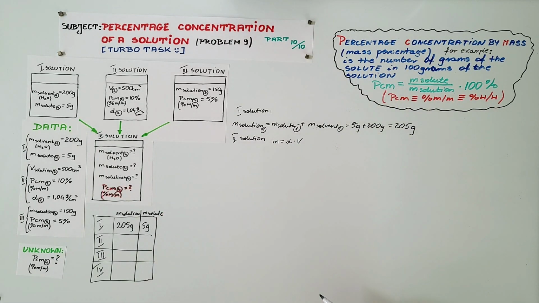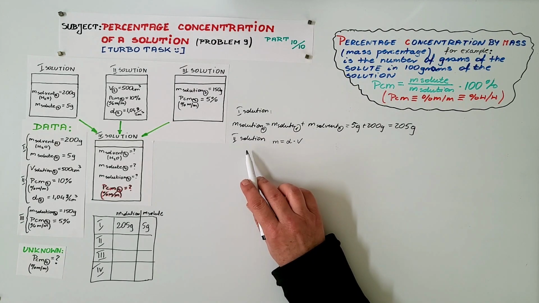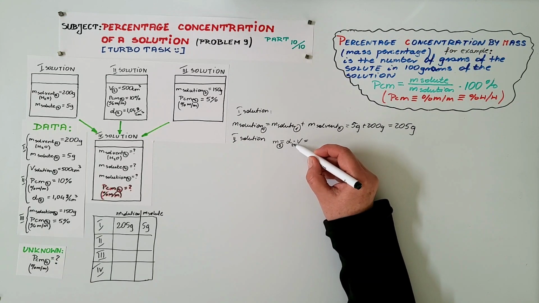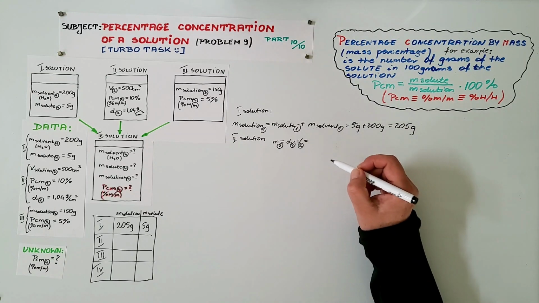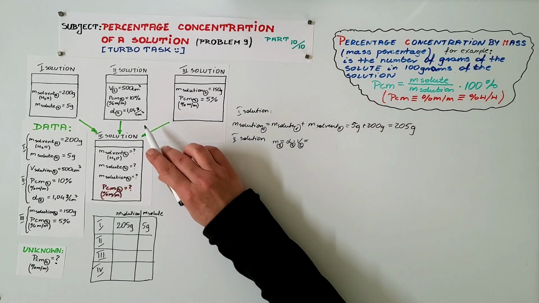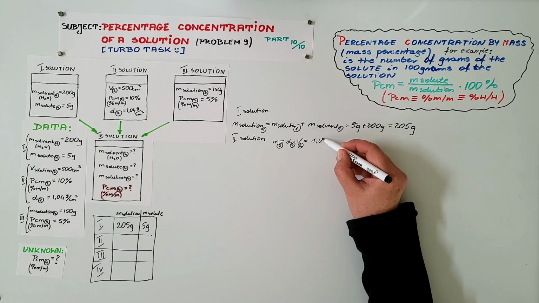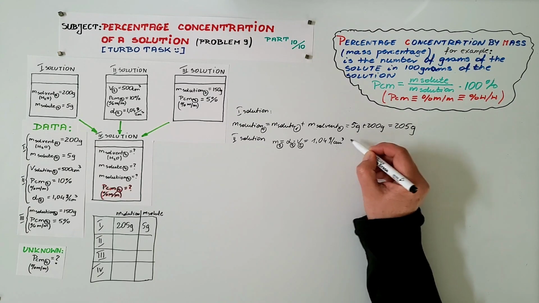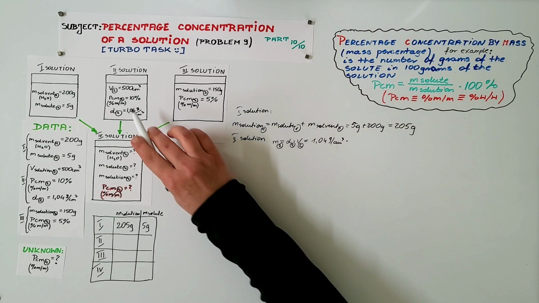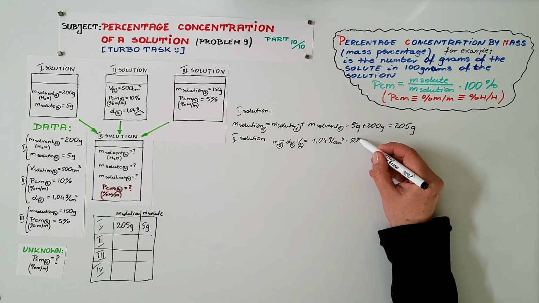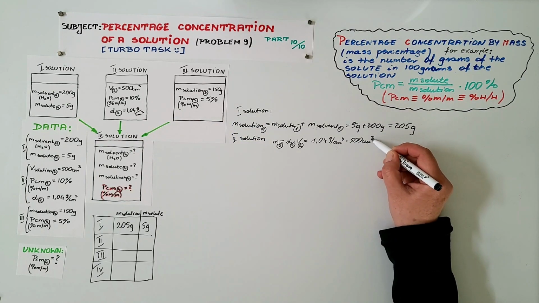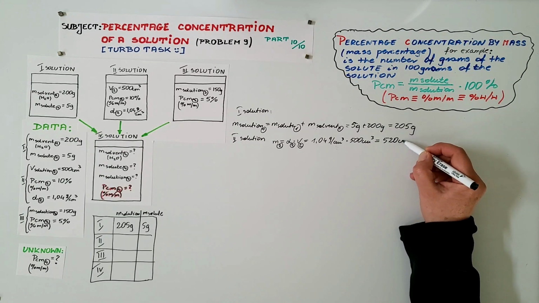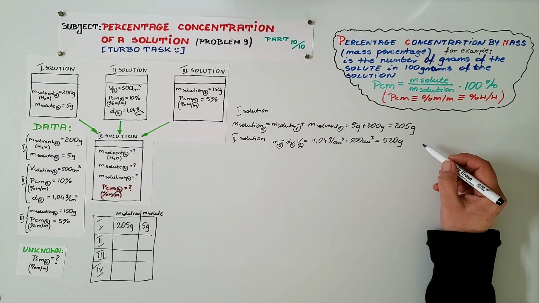So mass of solution 2, M2, equals D2 times V2. So mass of solution equals 1.04 gram per cubic centimeter times 500 cubic centimeters equals 520 grams of solution 2.